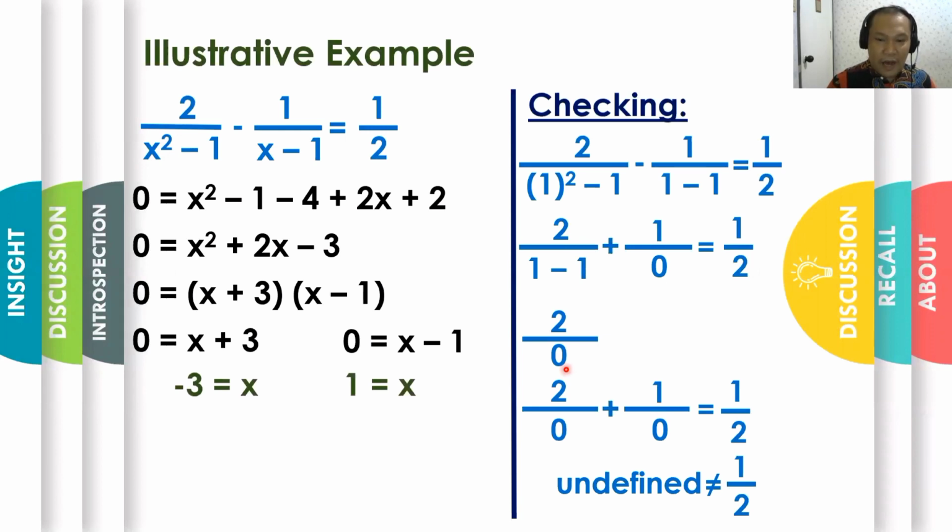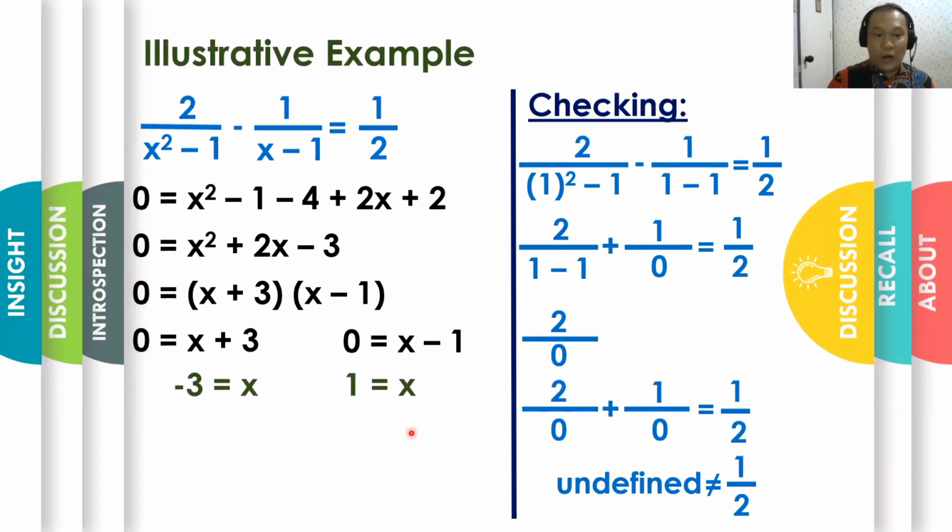Remember that if our denominator is 0 and the numerator is not 0, we are going to generate an undefined answer. Thus, positive 1 for the value of x is an extraneous solution, meaning we cannot use x is equal to 1 for the reason that we are going to come up with an undefined solution, which is not equal to our 1/2 as a result.